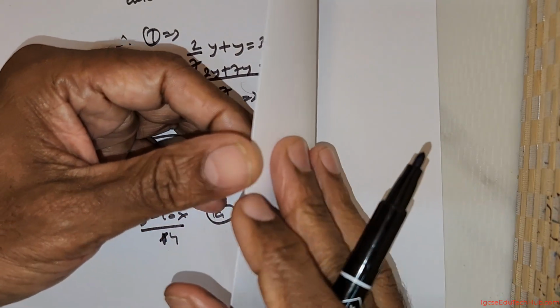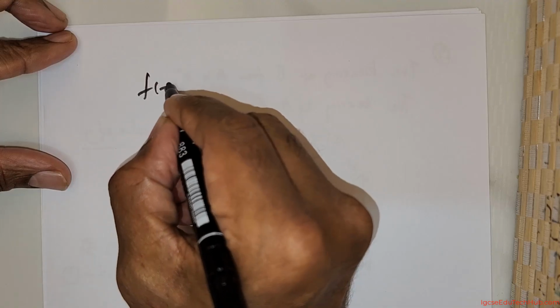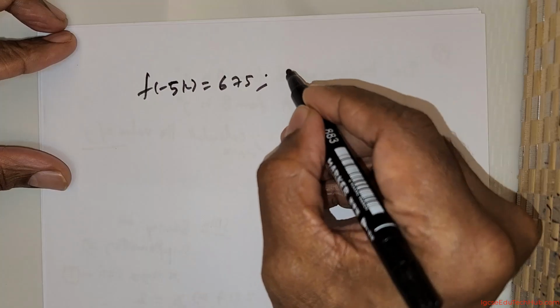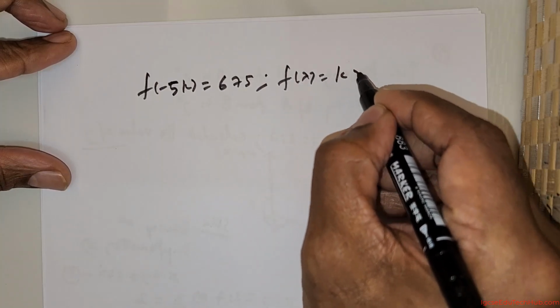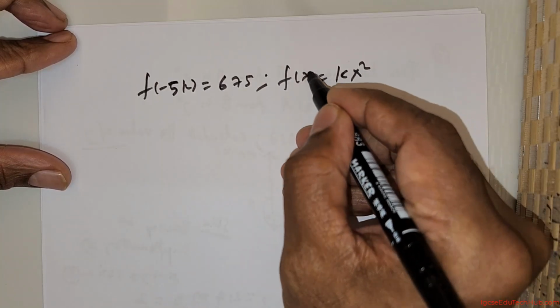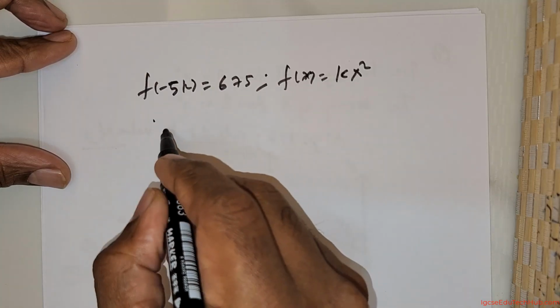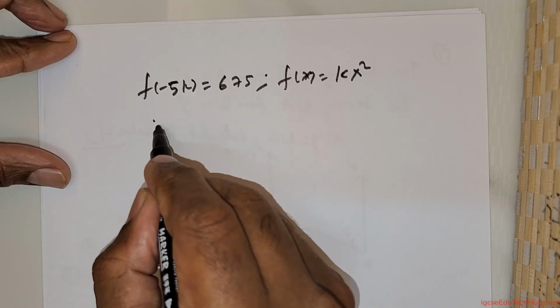So let me start with that and move on. So we have f of negative 5k as 675. We have f of x is equal to k times x squared. So this means you substitute in place of x negative 5k.